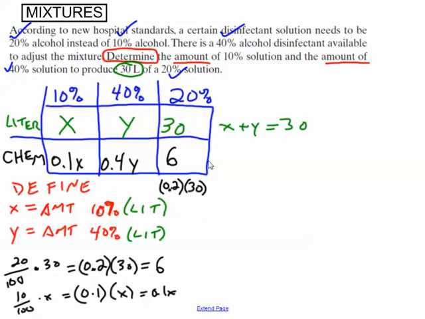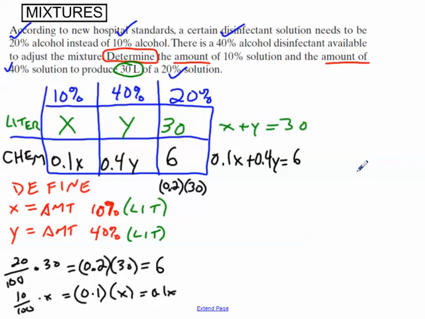By the same token, the amount of chemical in this 10% solution plus the amount of chemical in this 40% solution has to equal the amount of chemical in this final solution. So you add these up: 0.1x plus 0.4y equals 6. And right there, the green and the black make up a system of equations.